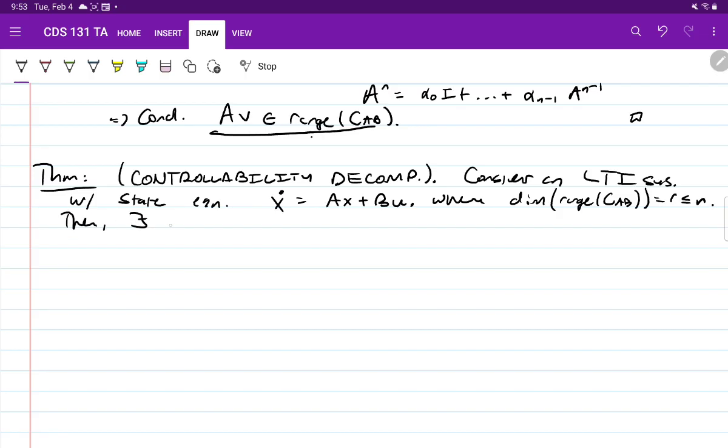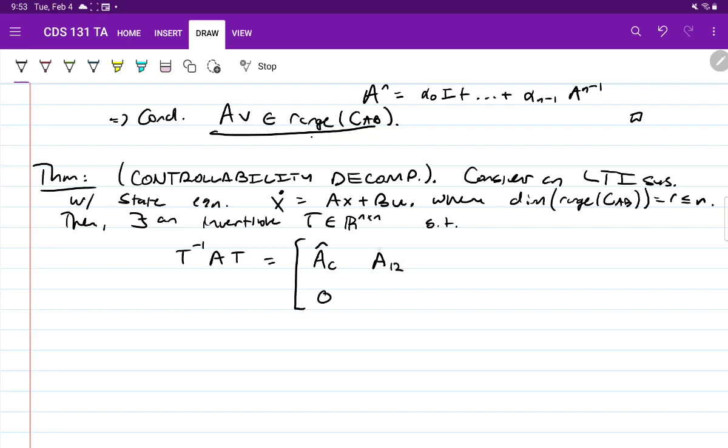Then there exists an invertible matrix T, which belongs to R n by n, such that T inverse AT is of the form A_C hat, 0, A12 hat, A uncontrollable hat, and T inverse times B equals B controllable hat, 0.